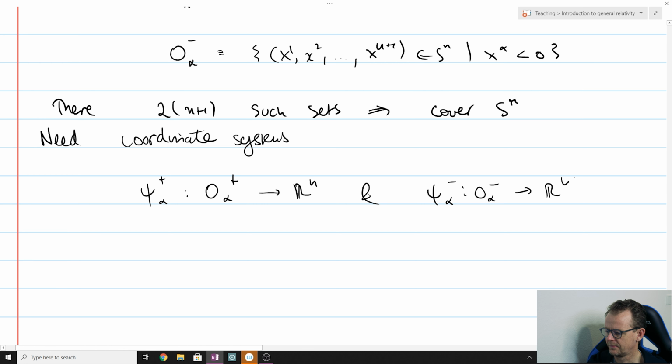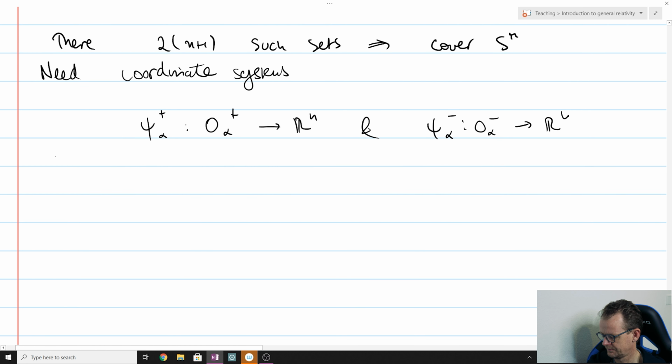We define them via the following definition. Just take the coordinates of the points in the set O alpha, and delete the alpha coordinate.